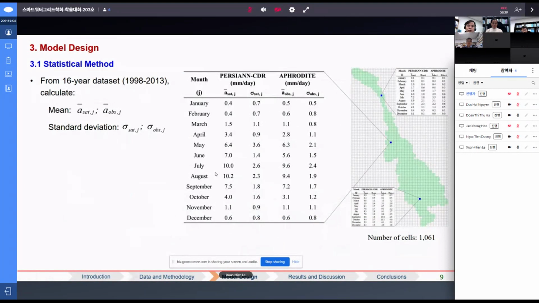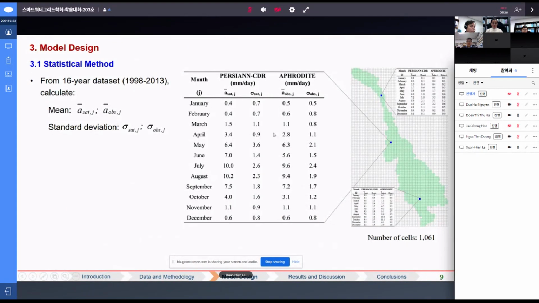For the statistical method, the data set from the 16 years is used to calculate the mean and the standard deviation of the satellite and the observed data corresponding to the month. The number of cells in the catchment is more than 1,000, and each cell in the catchment has an information table like this.